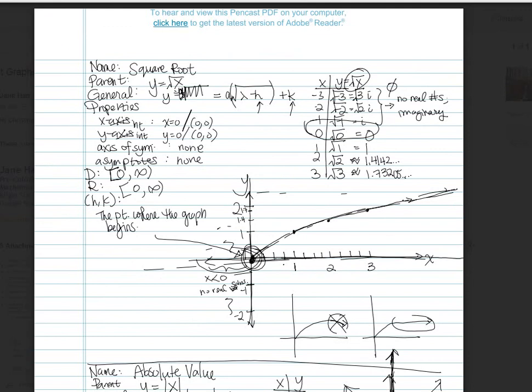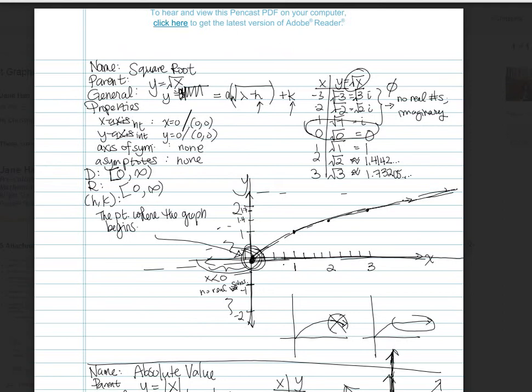And the parent equation is going to be y is equal to the square root of x. Now the general equation is going to be y is equal to a square root of x minus h plus k. And we'll talk about that in a second.